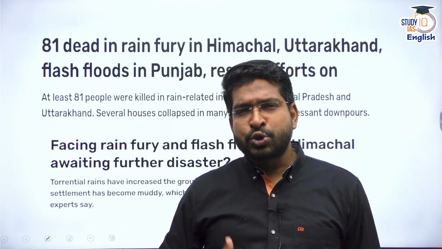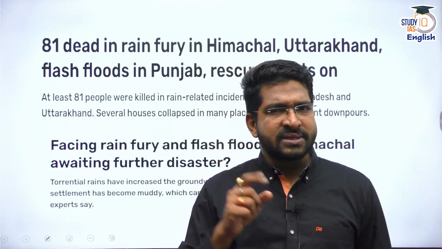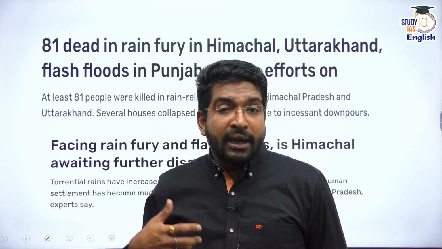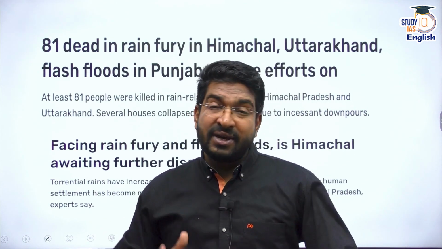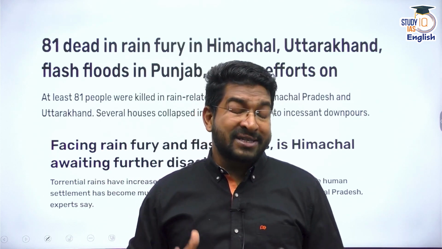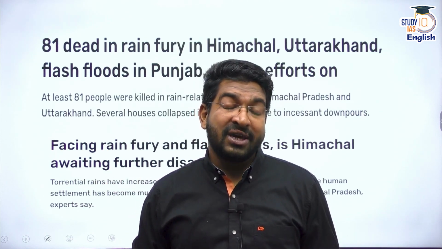In this video lecture, we'll try to analyze why the incidences of flash floods have become so extensive in northern Himalayan states. Now you're thinking, sir, I think I already know one of the reasons. One of the reasons is the Indian monsoon. Yes, the Indian monsoon is quite peculiar. In a short span of 3 to 4 months, we get an extensive amount of rainfall, which is one of the reasons.